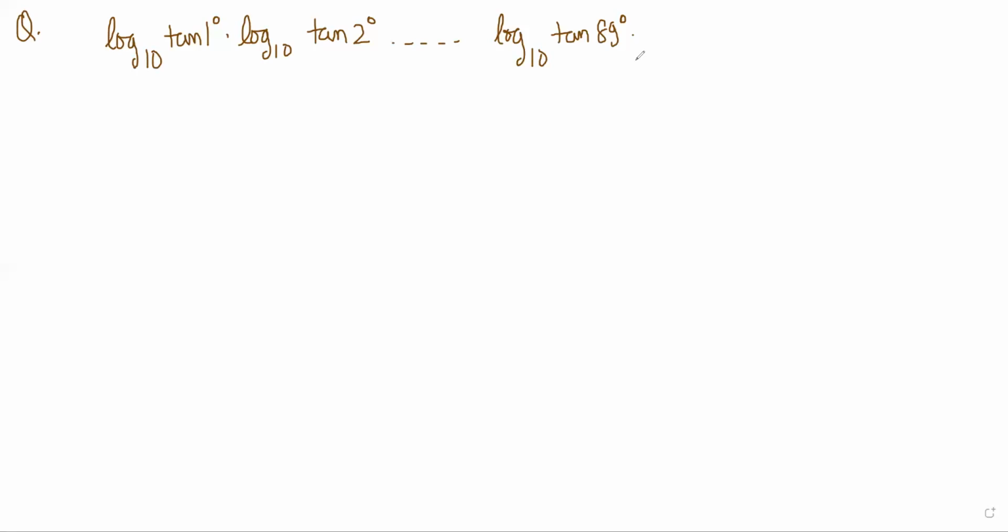Tan 45 is 1, and log 10 of 1 is 0. The overall product will be 0, which cancels everything out. So you don't need to actually do anything. It was a trick question.